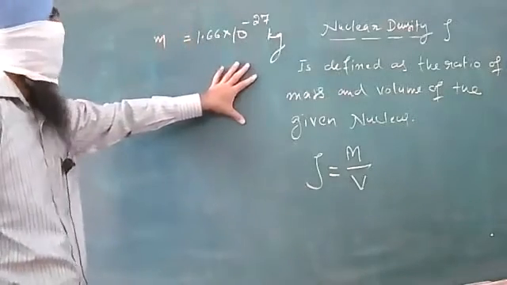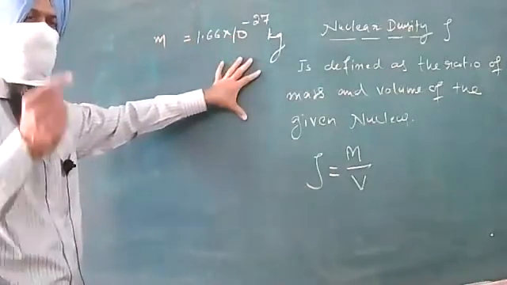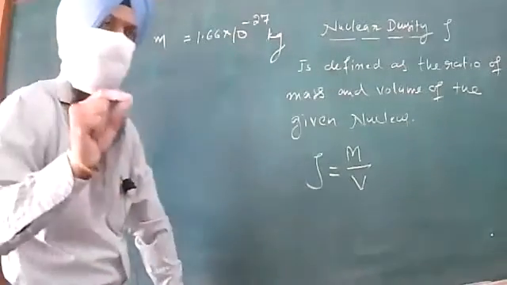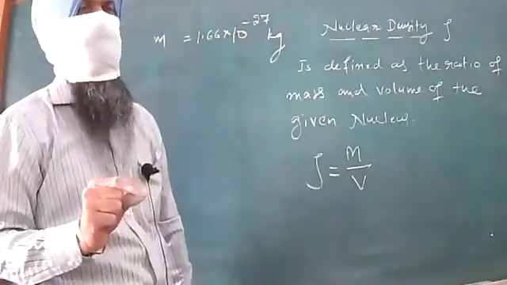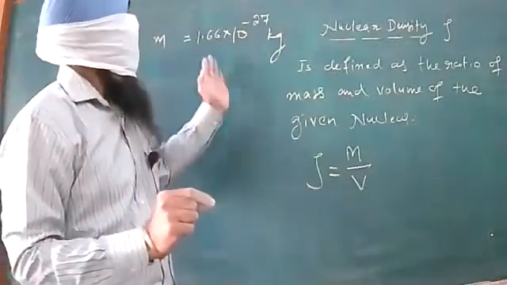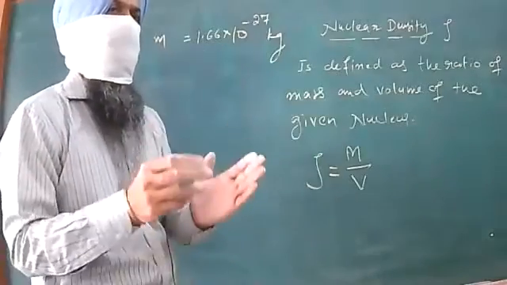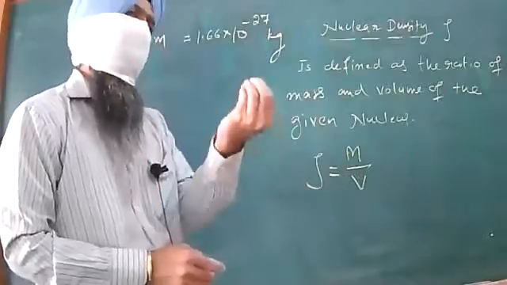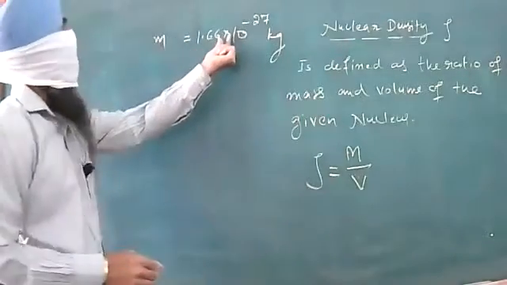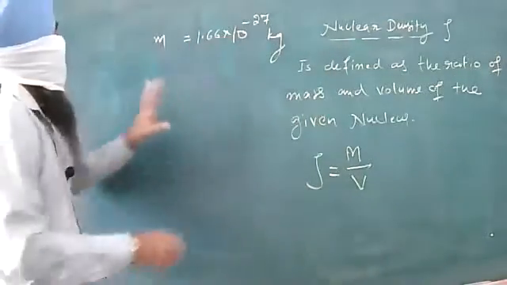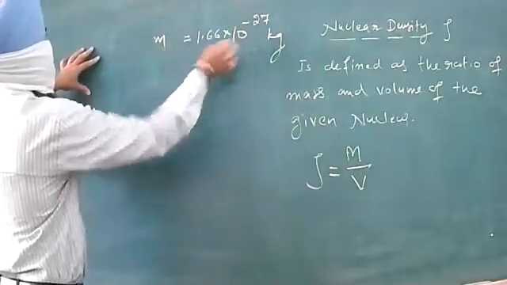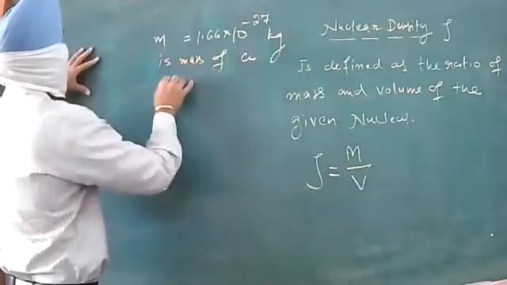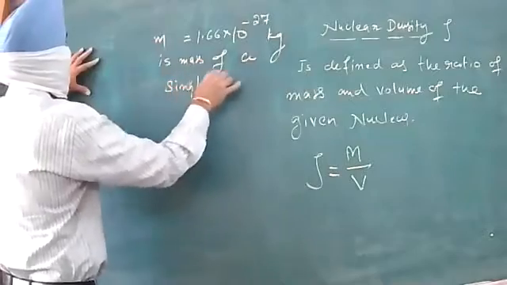Again, repeating, the mass of the neutron is very, very slightly more than that of the proton. It was 1.6648 into 10 raised to the power minus 27 kg. In case of proton, it was 1.6626 into 10 raised to the power minus 27 kg. Very slight difference, so I ignored the last two digits. So I say that small m is equal to the mass of a single nucleon.